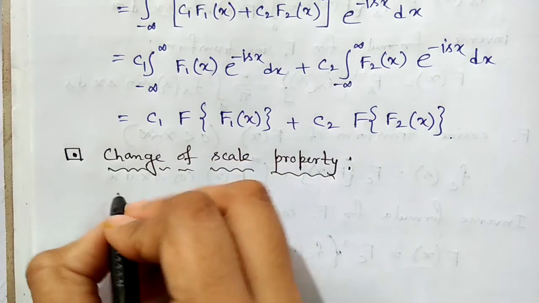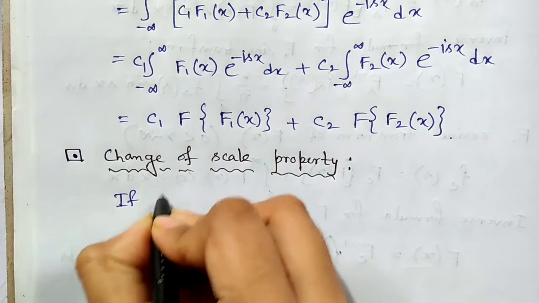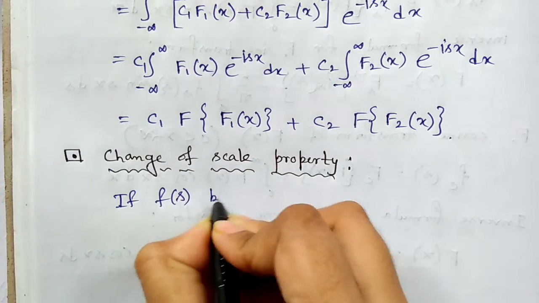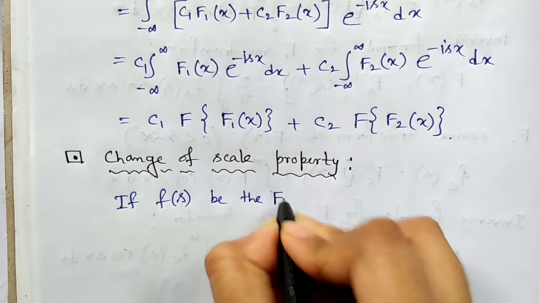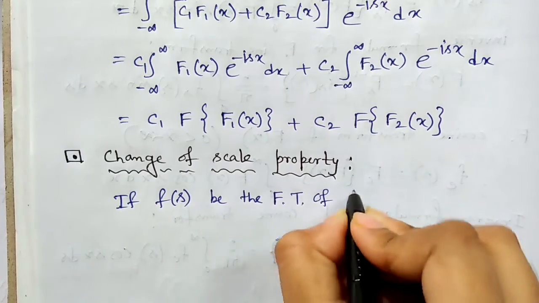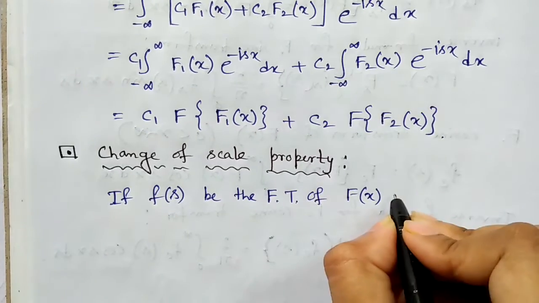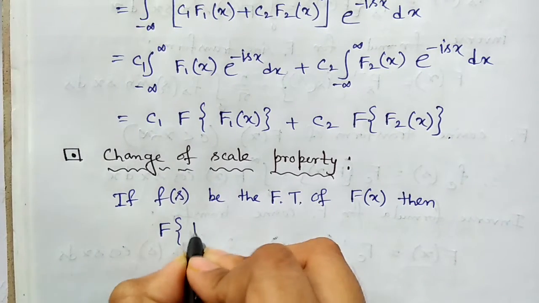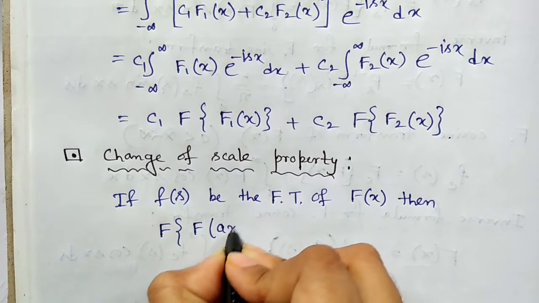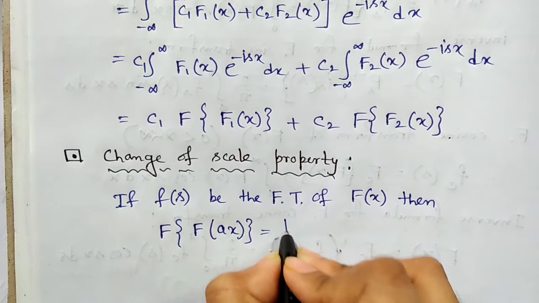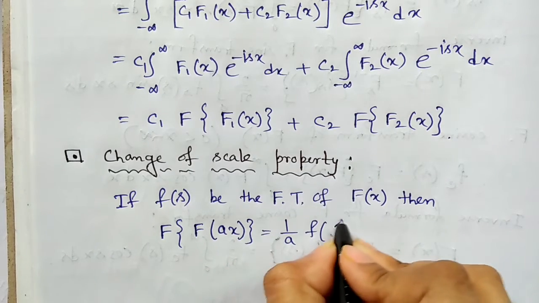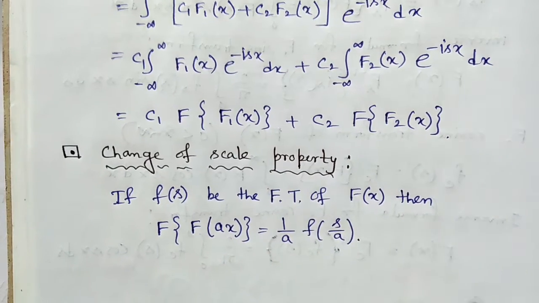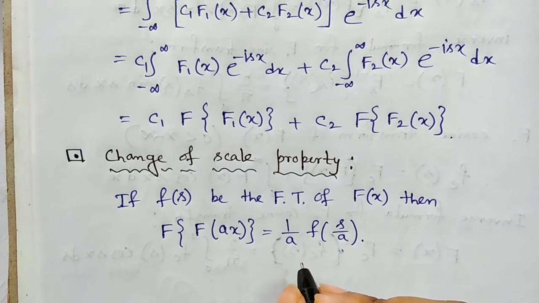It states that if F(s) is the Fourier transform of the function F(x), then the Fourier transform of F(ax) is equal to 1 by a times F(s by a). This is called the change of scale property.